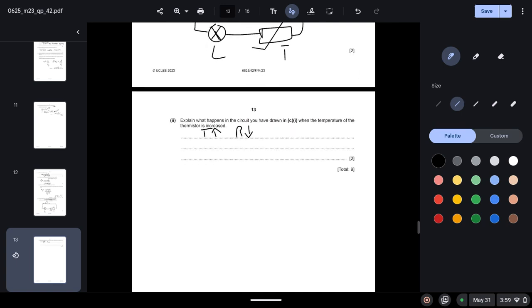So we can write this as current in the lamp increases, due to which it glows brighter, because there is a greater potential difference across the lamp.